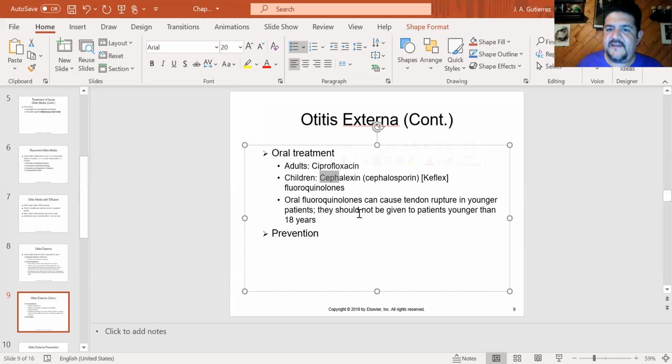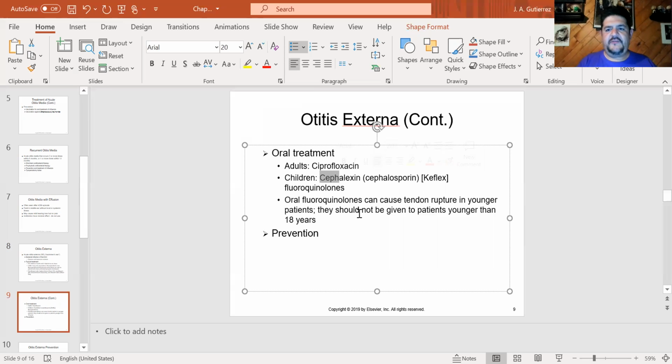So cephalexin is a cephalosporin. A question they may ask you: if the patient is allergic to cephalexin, this patient is also allergic to penicillins, and vice versa. If the patient is allergic to penicillins, then they're allergic to cephalosporins.